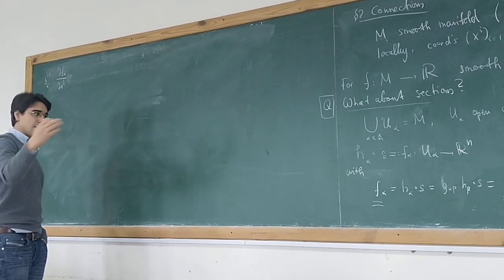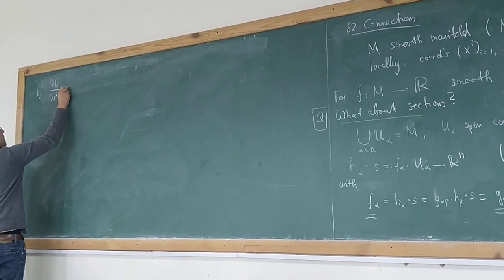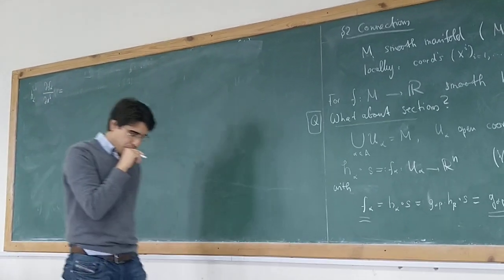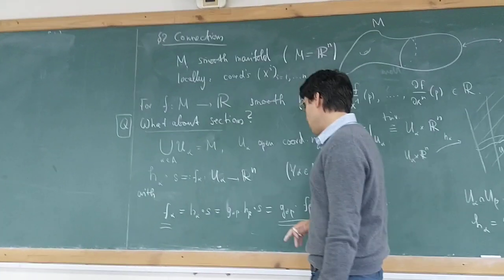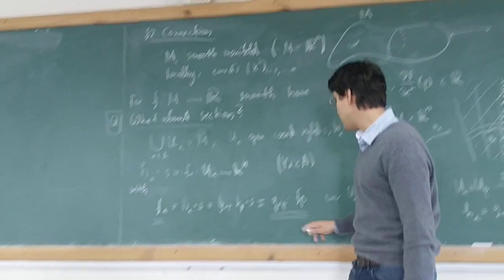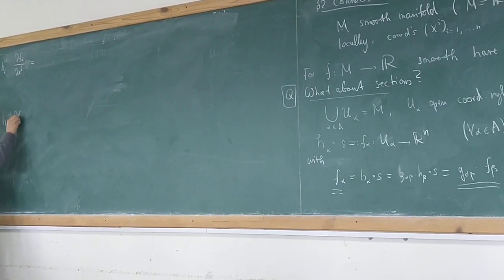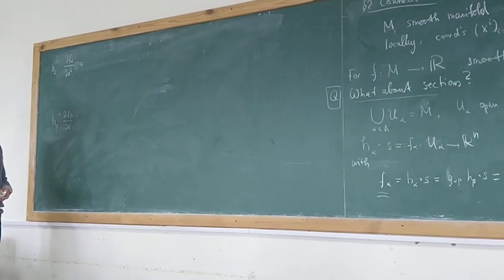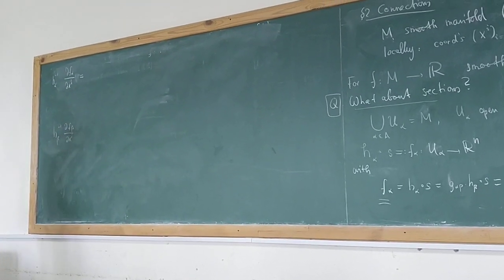H alpha was used to take a section to a function, H alpha inverse was the opposite. So this might be a definition, but there's a bit of a problem here, because over U alpha intersect U beta, there are two possible definitions. We could take this as a definition, or we could take this as a definition. So if these are not equal, then it's not well defined.